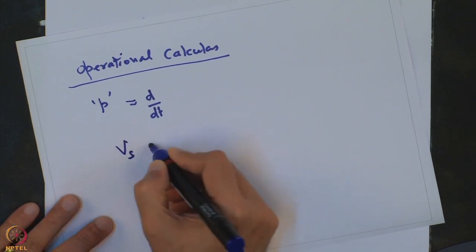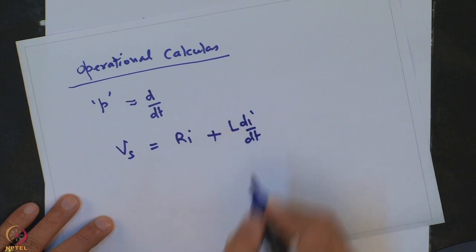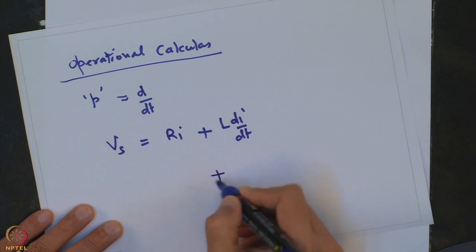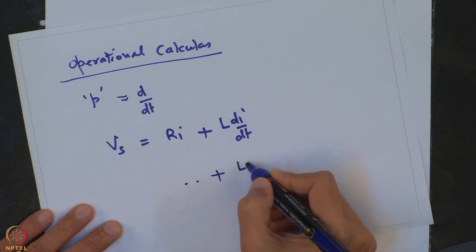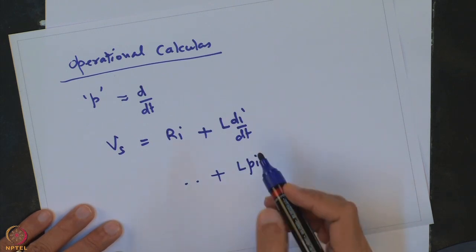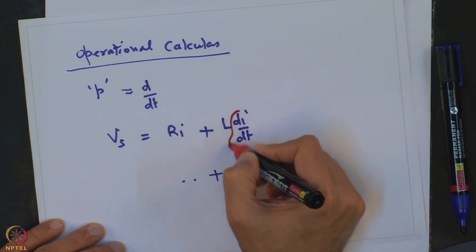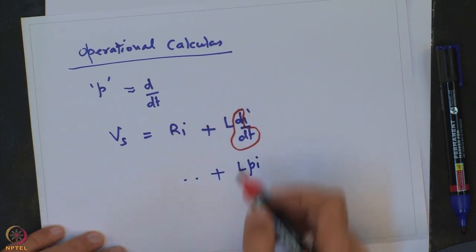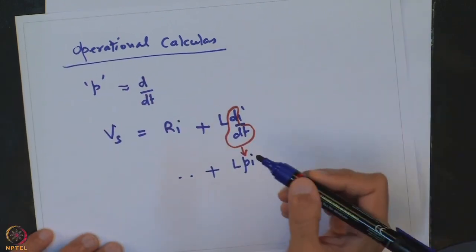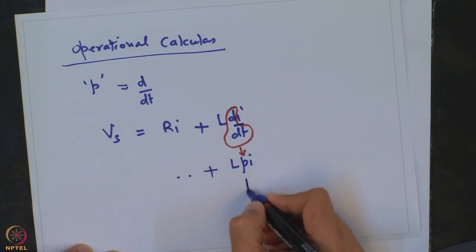My previous equation, which is Vs is equal to Ri plus L di by dt could be replaced by Vs is equal to Ri plus L into P into I, where this d by dt has been replaced by this differential operator P. Now clearly, if this was d square by dt square, then this would become P square.